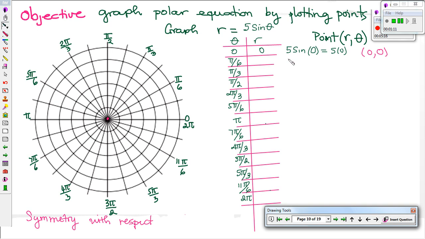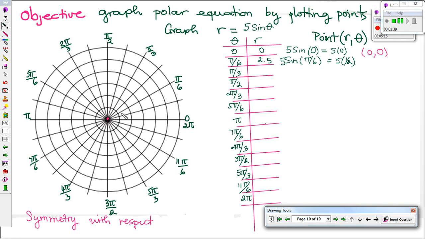Now substitute theta for pi over 6, so we have 5 times sine of pi over 6, which equals 5 times 1/2, and that will give us 2.5. So now I'm going to go to the graph at pi over 6.